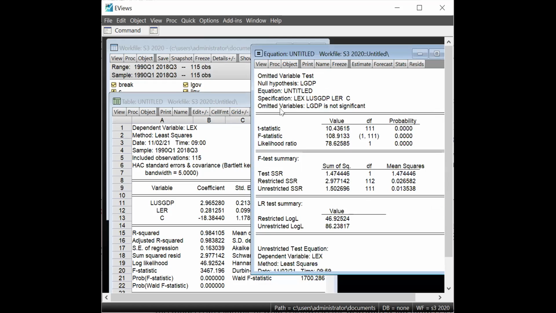The omitted variable is not significant, but income is also significant in our model. Why? Because some of the exported goods contain imported goods. Okay, do you have any questions?